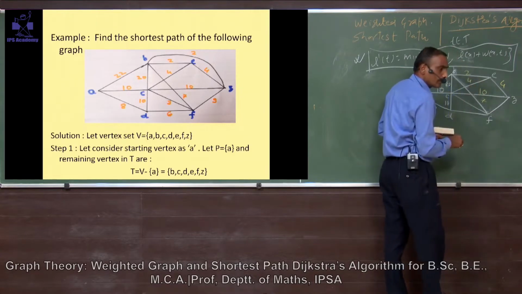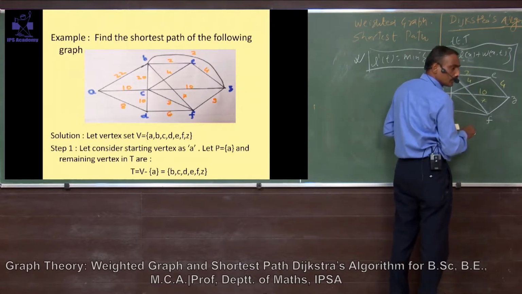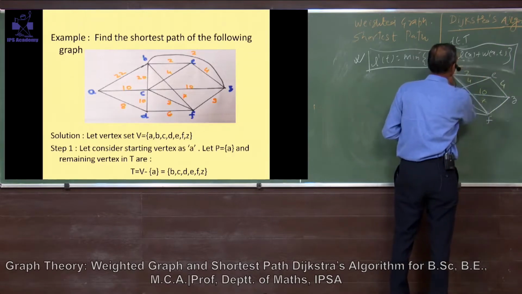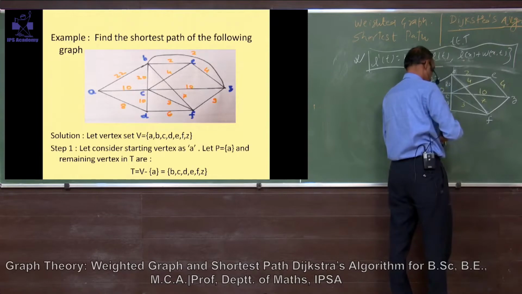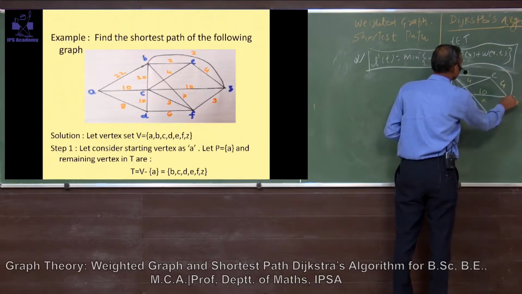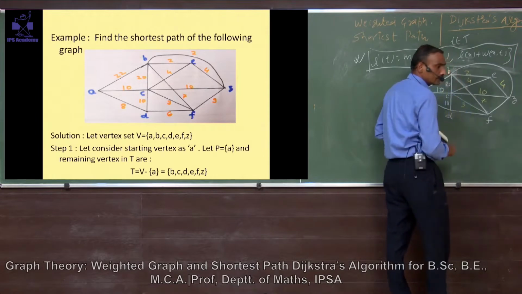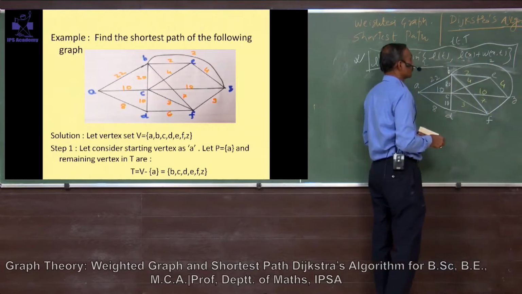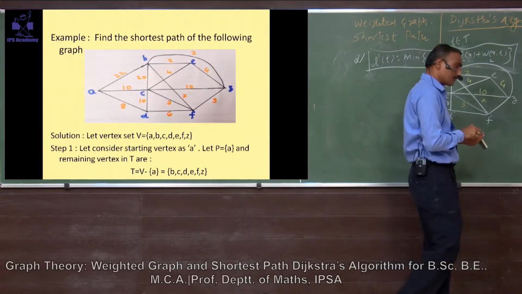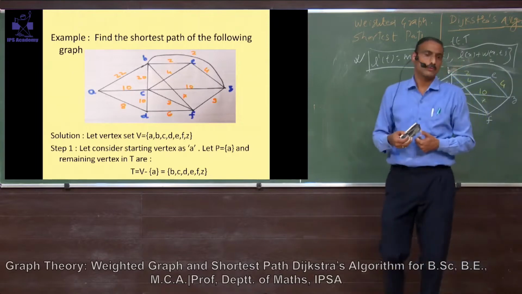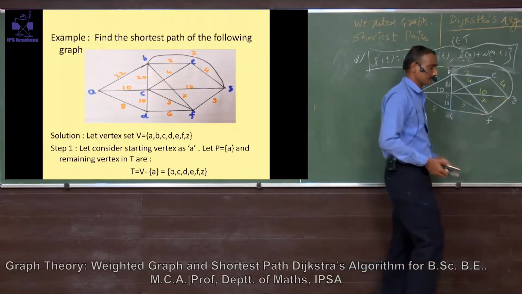And from C to F is 3. And another edge from B to Z, and the length of this edge is 2. So this is the graph, and we have to find the shortest path from A to Z.